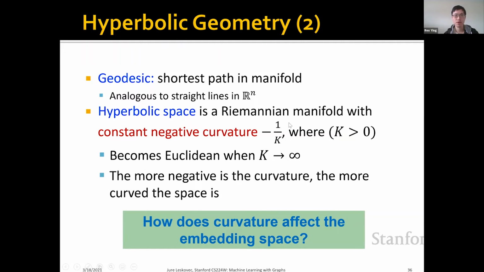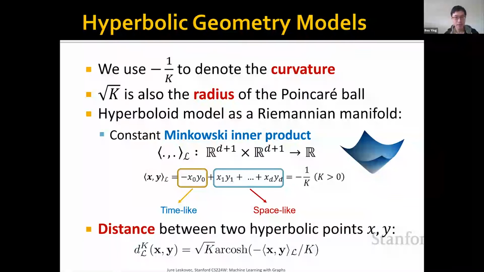So it will become more and more Euclidean as k increases. But the more negative the curvature, so when k is small, the more curved the space will be. Here we look at a little bit of how the curvature affects the embedding space. We use -1/k to denote the curvature, and root k is also the radius of the Poincare ball, and that's how the radius is related to the curvature.